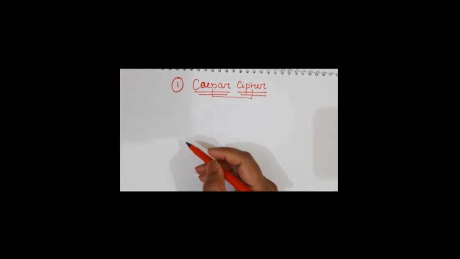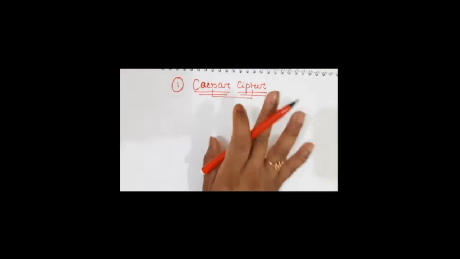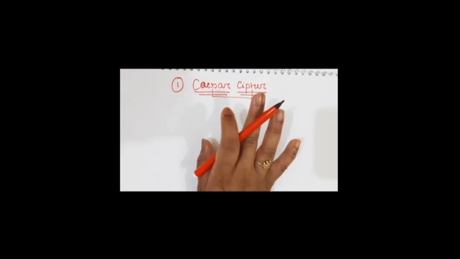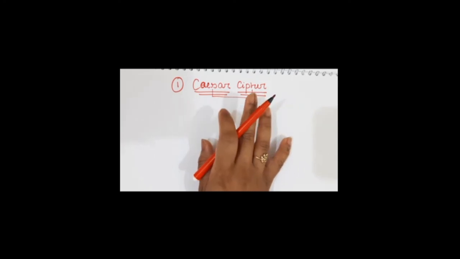So let's discuss what is Caesar cipher. Caesar cipher is the earliest known use of a substitution cipher. It was the first substitution cipher that was used, and it was very simple. The Caesar cipher involves replacing each letter of the alphabet with the letter standing 3 places further down the alphabet. I'll explain what I've said.